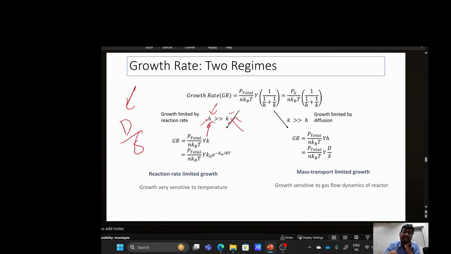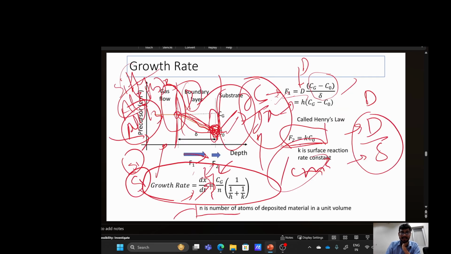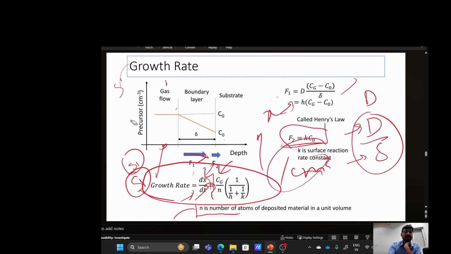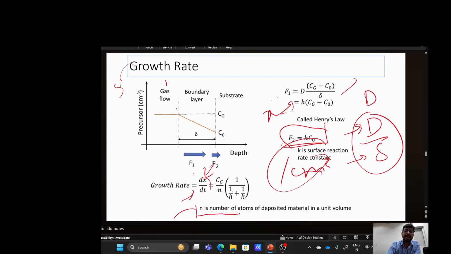This H depends on diffusion. If H is very high, that means the diffusion is much faster than the consumption. The reaction is happening at this point, but the precursor is diffusing much faster. There is no limitation of the precursor at this point.